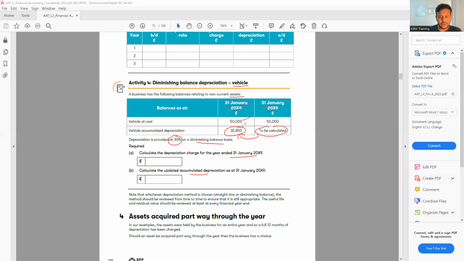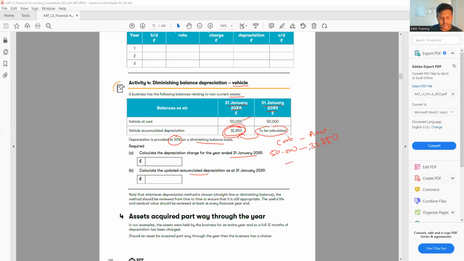The first thing we need to know is how much the cost is. So the cost is 50,000. And from the cost, we have to minus the accumulated depreciation, that is 32,850. This is my accumulated depreciation. So cost minus accumulated depreciation, and that will give us the carrying value.